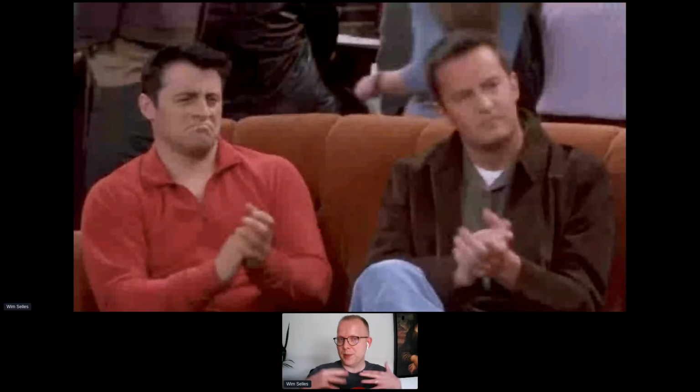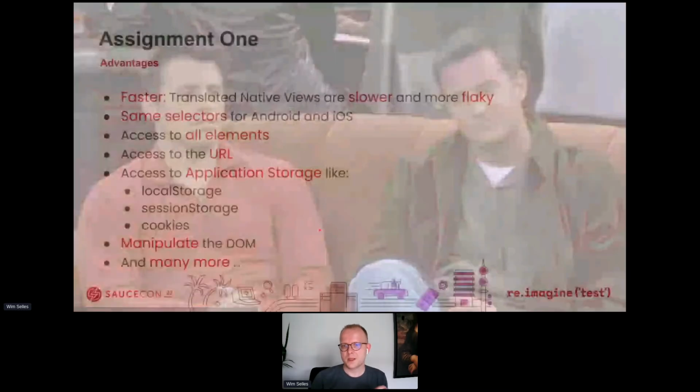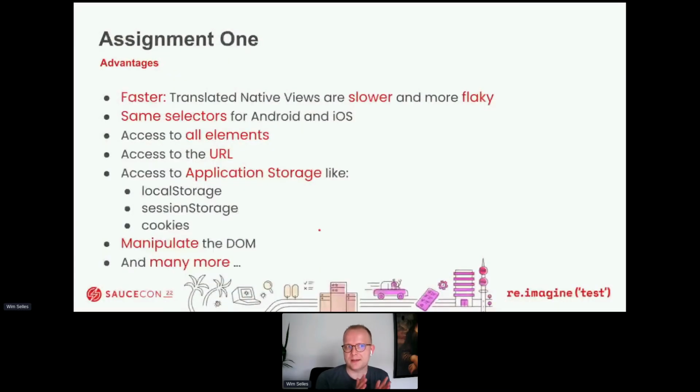But I also want to get back to the advantages because we want to do something else. We want to look into some more things that we could do. And I already mentioned that there are a few things like faster. We already experienced that running it with the web view is significantly faster in comparison to the native execution. But there are 3 things that are really, really important to understand.